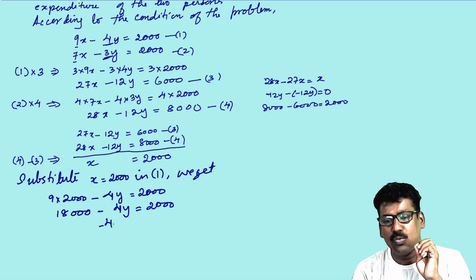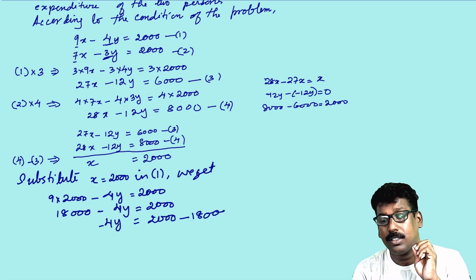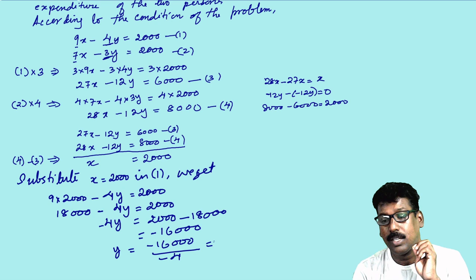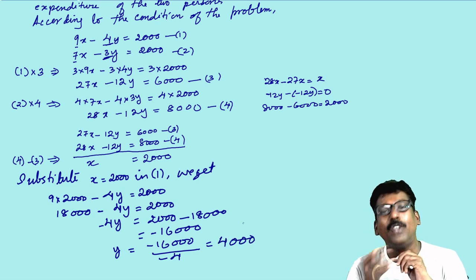Now minus 4y is equal to 2000 minus 18,000, that is minus 16,000. So y is equal to minus 16,000 by minus 4, that is 4,000.